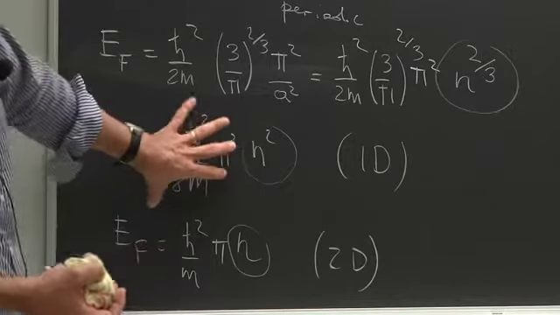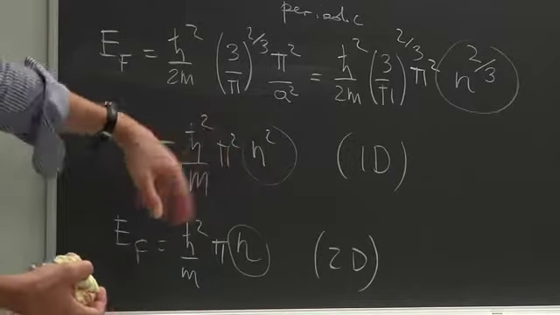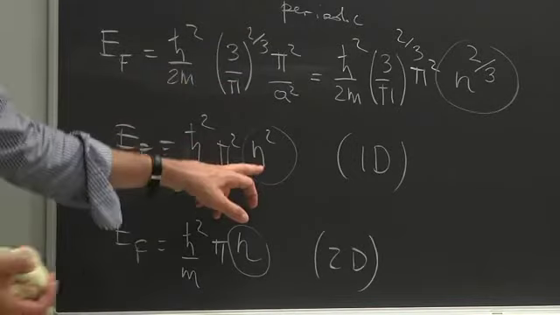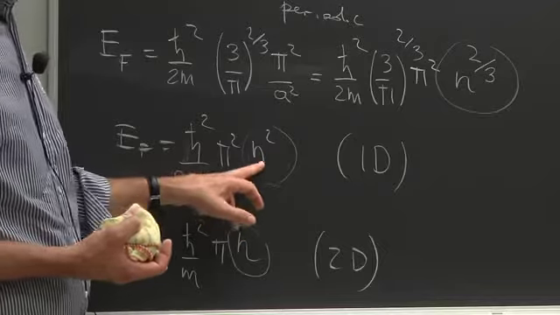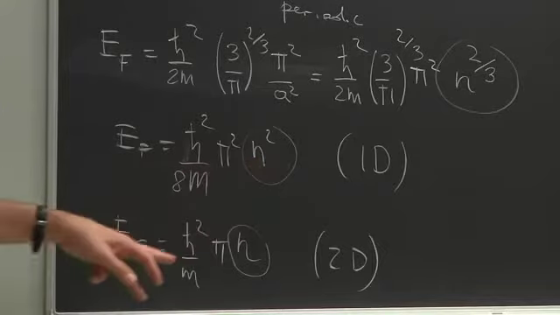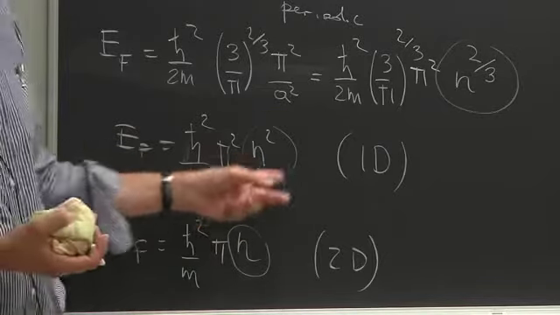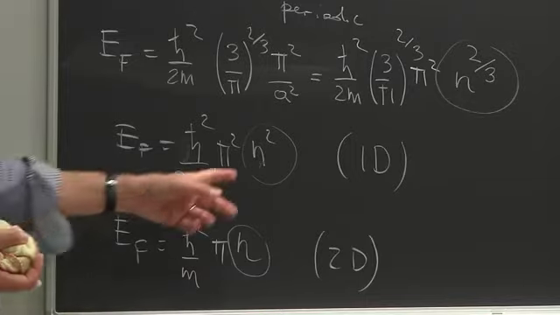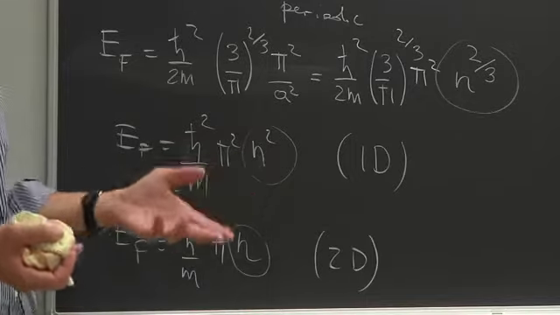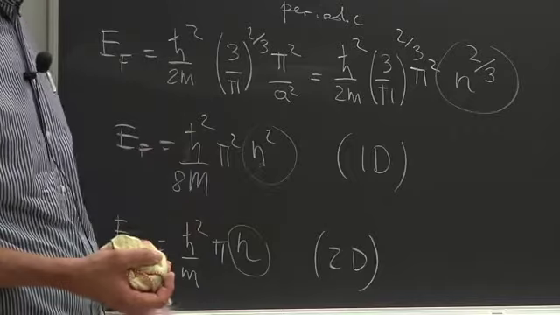So, forget about the constants. Dimensionally, if you want to put the density here, the density must appear in such a way that dimensionally this is 1 over a length squared. So in one dimension, the density is already 1 over L, so you just have to square it.